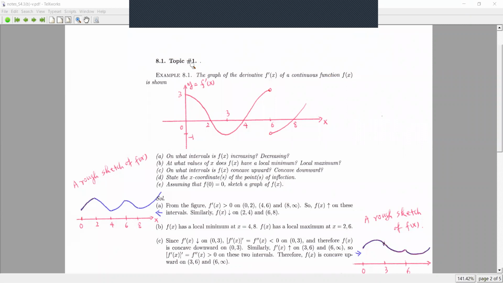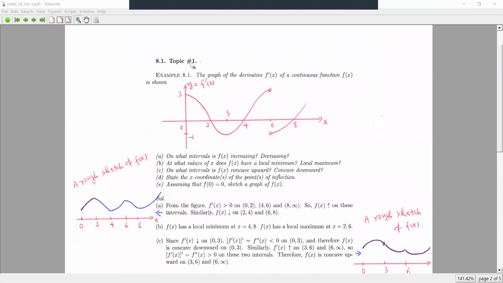Topic 1. One more example about increasing, decreasing, concave up and concave down. The graph of the derivative of a continuous function is shown here. Pay attention. This is the graph of the derivative f prime of x, not the graph of f of x.